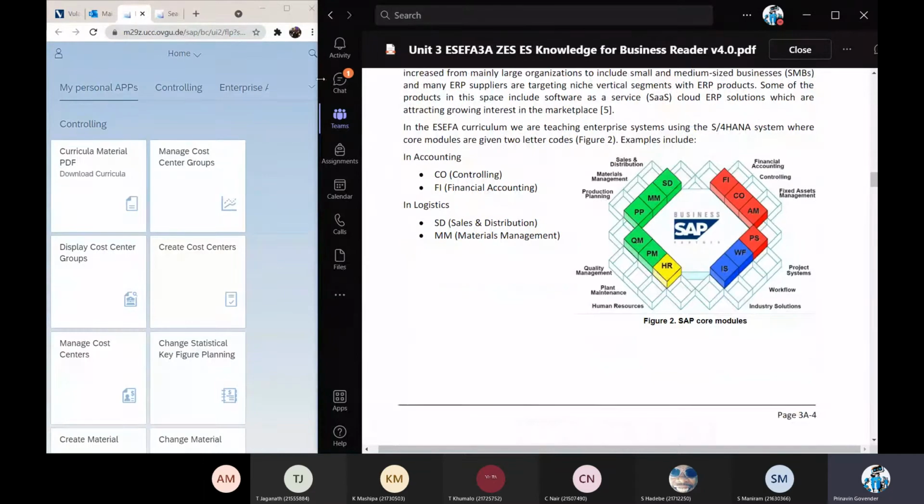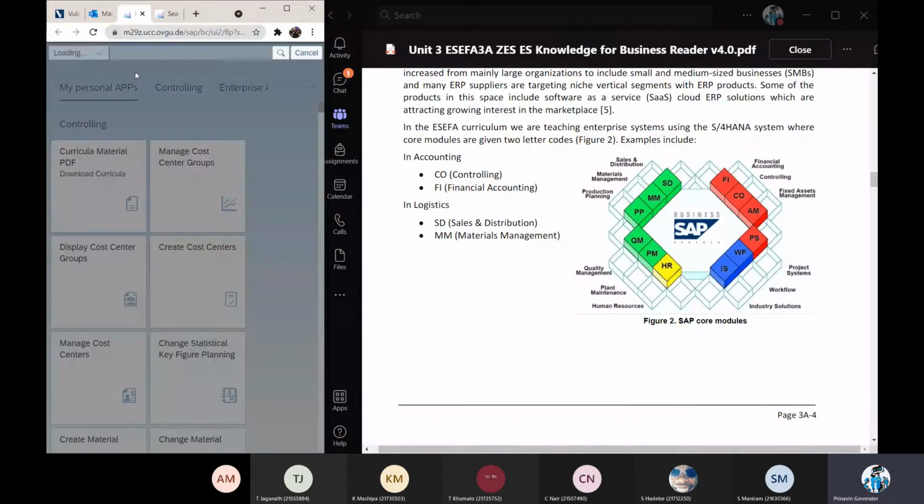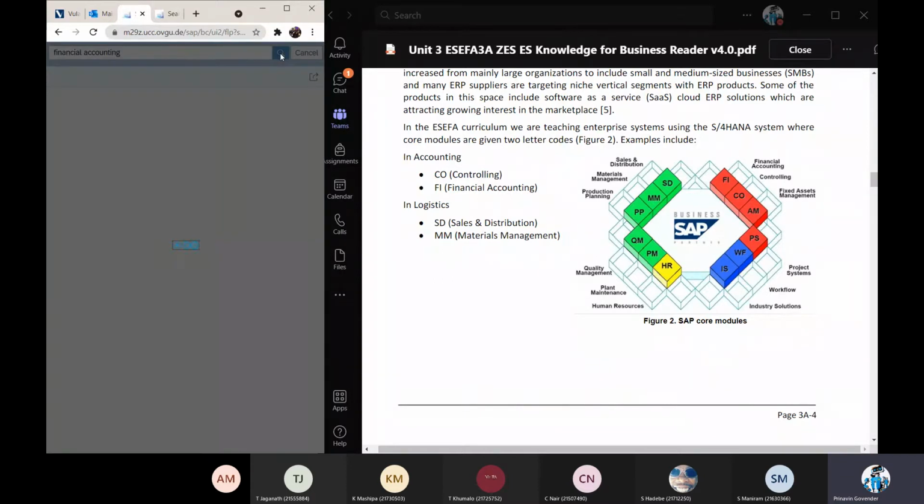Let's see, financial accounting. Let's try it one more time. I'd like for you all to see that what I'm teaching you in terms of the theory, financial accounting. Let's see if I can find a module that says financial accounting.